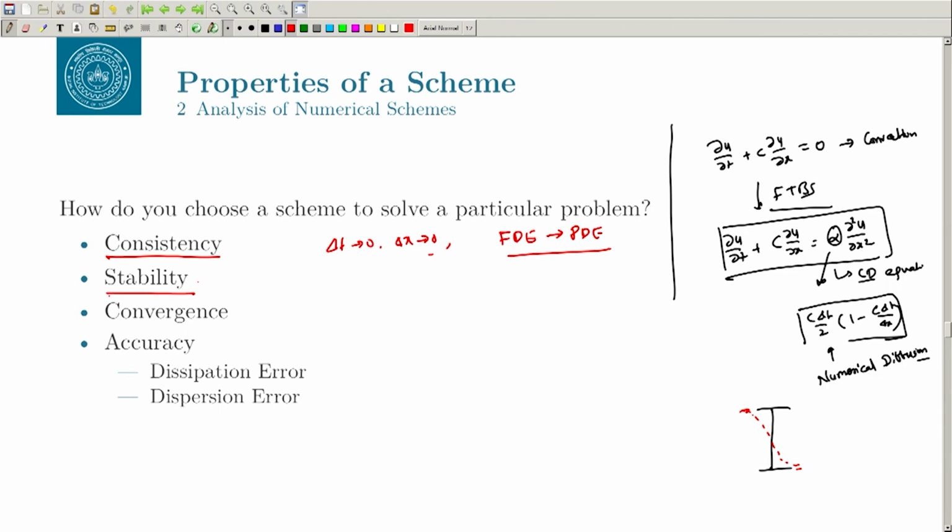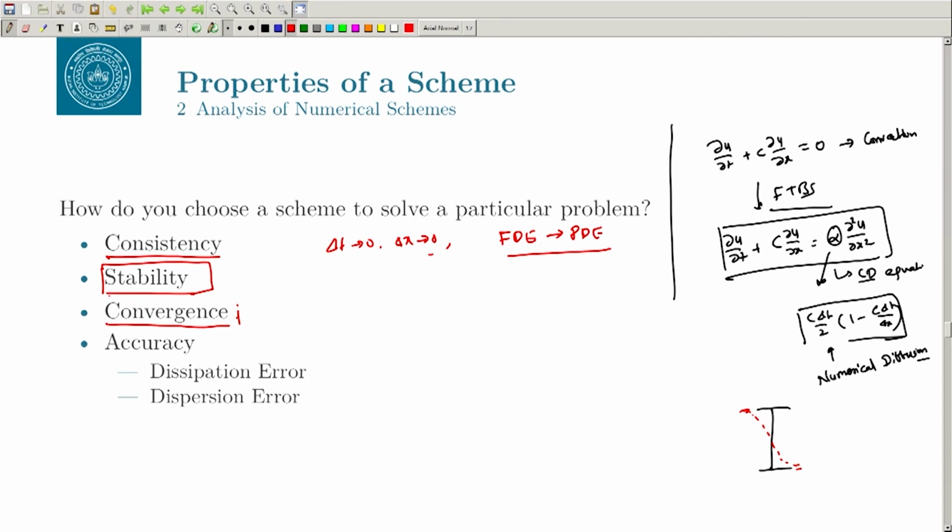Finally, the third is convergence. Convergence is also a term you might be using very often in your CFD. You are trying to solve a problem on the computer, and let us say you have an analytical solution available from your fluid mechanics, physics or whatever.